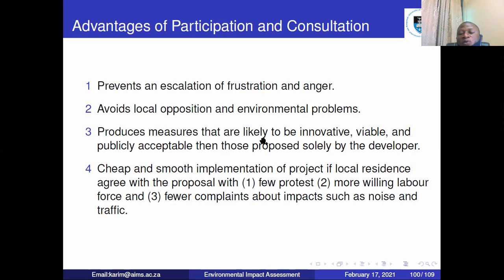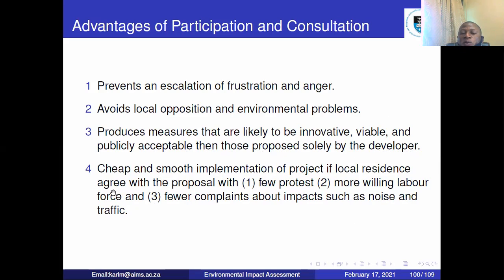You can get information from them, even better ones than those that you are proposing. And also there is cheap and smooth implementation of the project if the local people agree with it. Few people will be protesting. Sometimes they may be impacted, but because you've consulted them, they will not protest that much. There will be ways to deal with them.